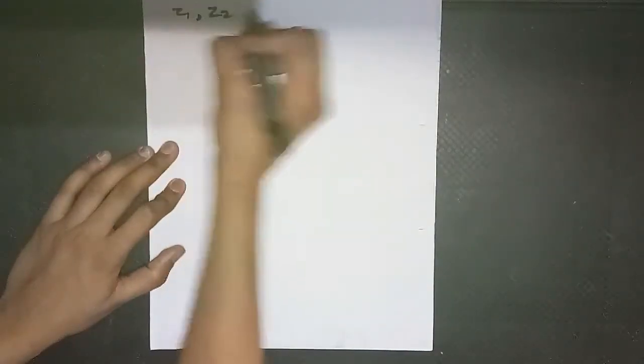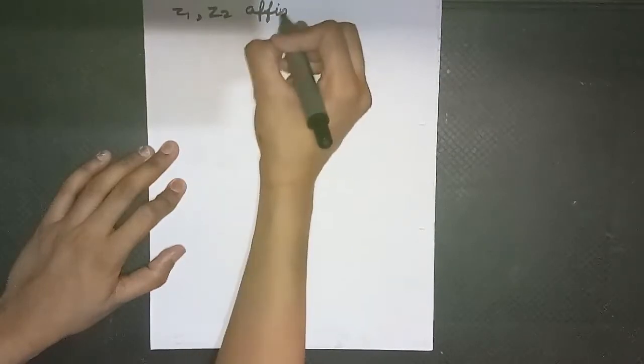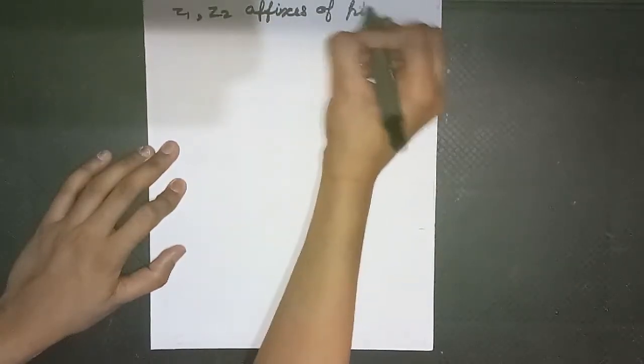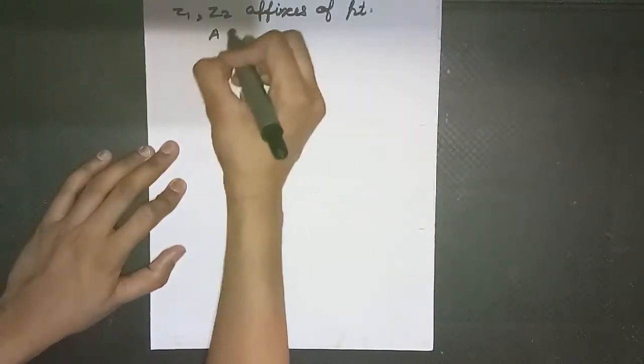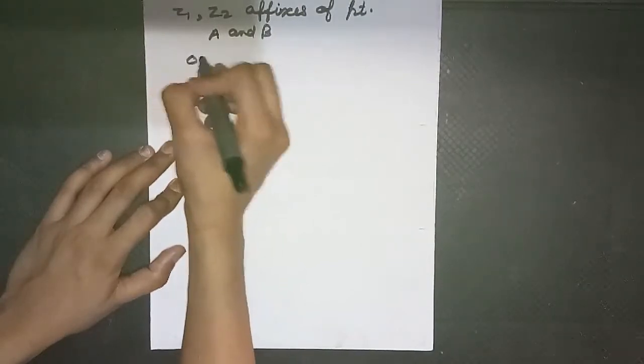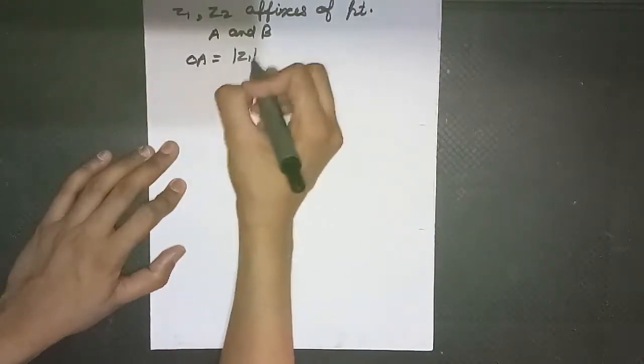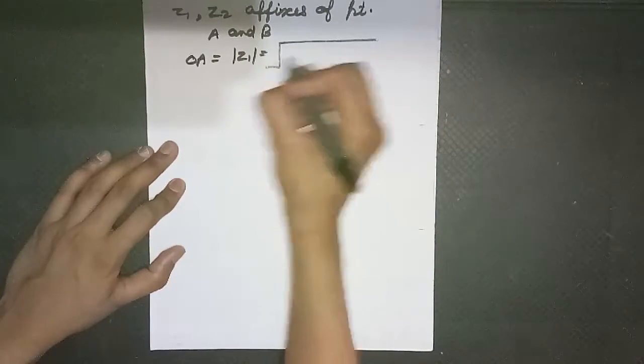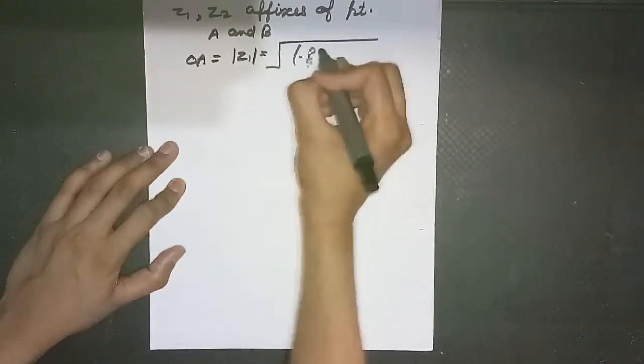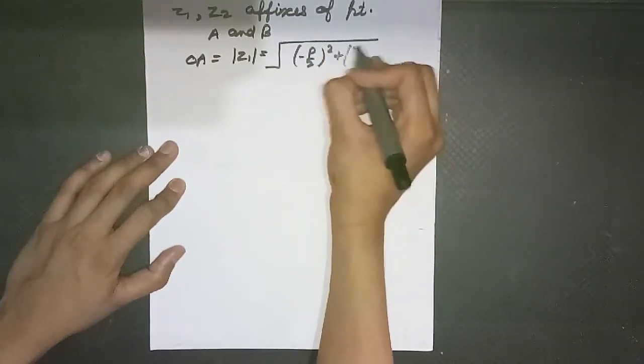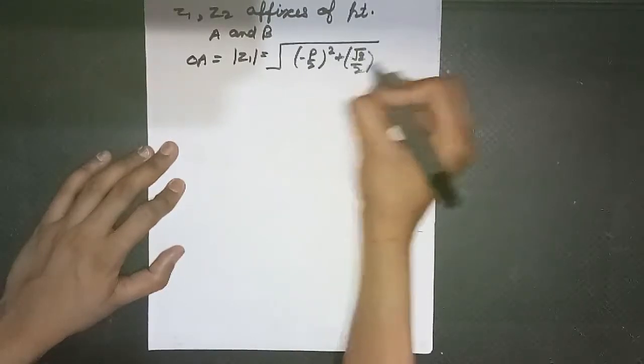So z1 and z2 are the affixes of points A and B. So from here we will find the length of OA, right? OA is equal to |z1|, that is equal to √((−p/2)² + (√q/2)²).